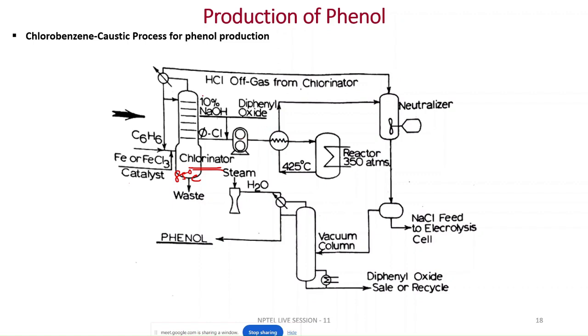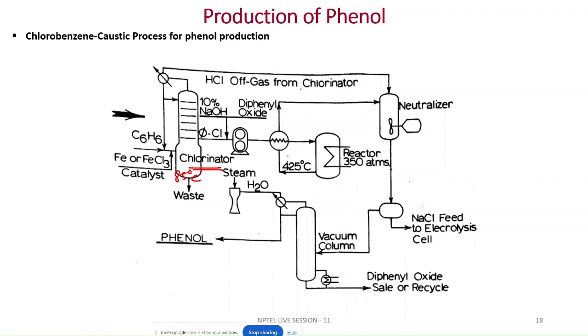In the meanwhile, 10% NaOH is added because it is being prepared for the next step, that is the causticization process. It is taken to the reactor where a pressure of 550 atmospheres is maintained, and the reaction temperature also has to be maintained at 425 degrees Celsius.